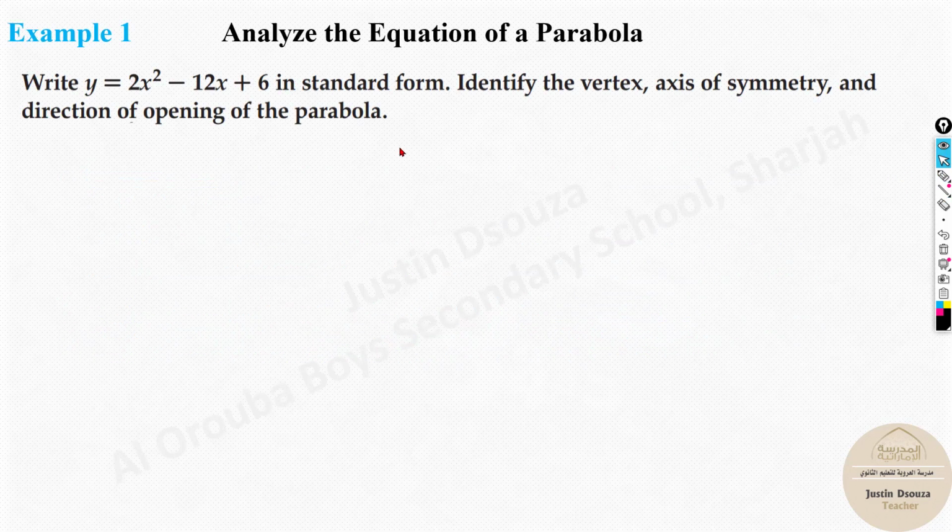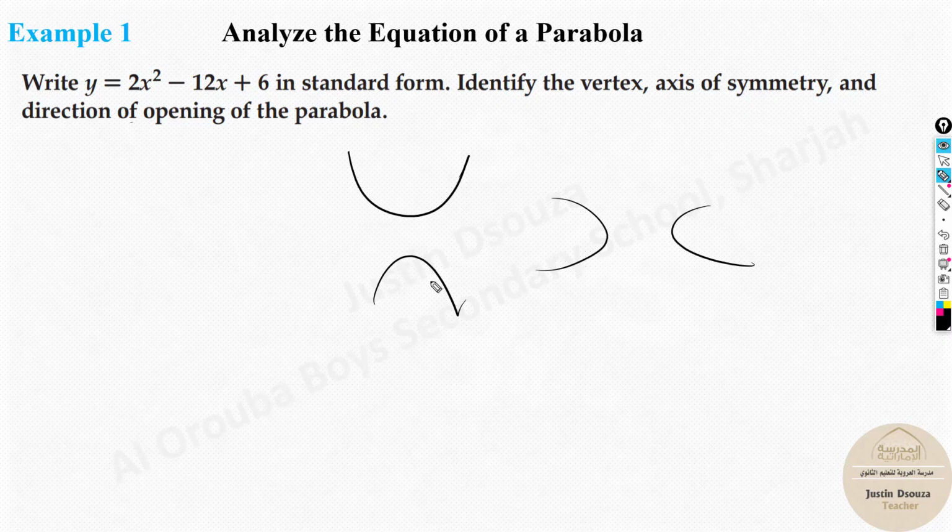Now we have a problem to analyze this equation and write it in terms of standard form of a parabola. Now you can see it's y equals 2x squared minus 12x plus 6. Now looking at this, you should know which orientation it is, vertically or horizontally. How would we know? If you know the standard form, vertical, it's y is equal to a of x minus h the whole squared plus k. This is the standard form.